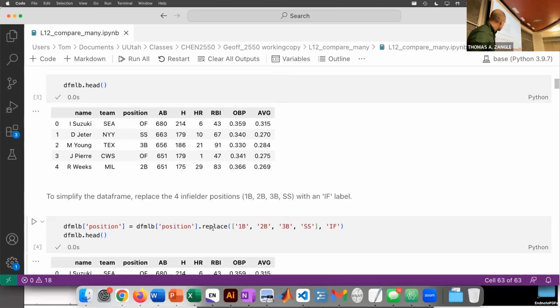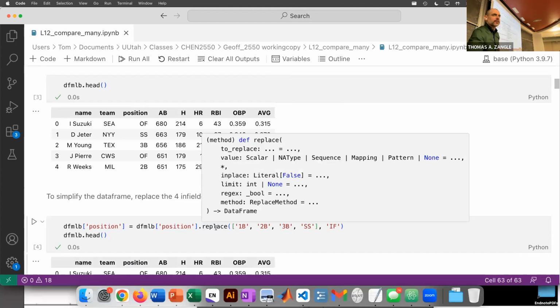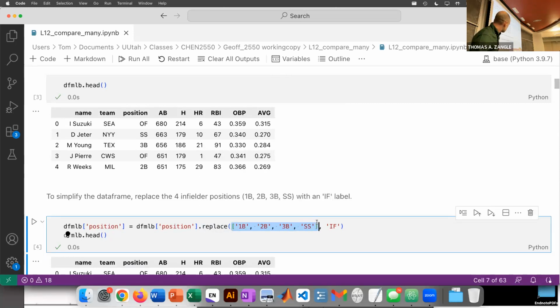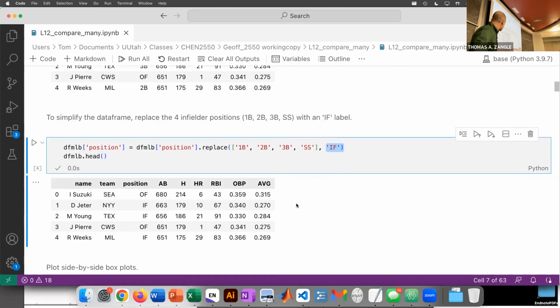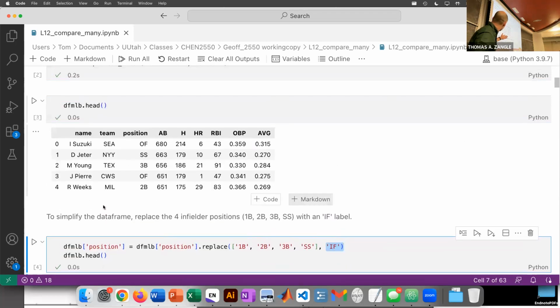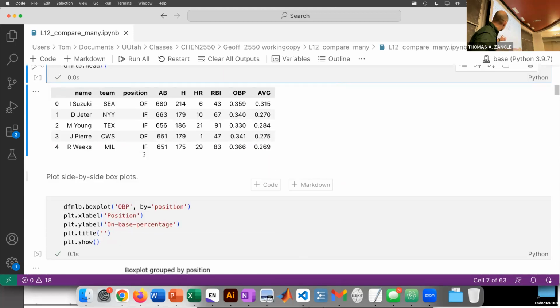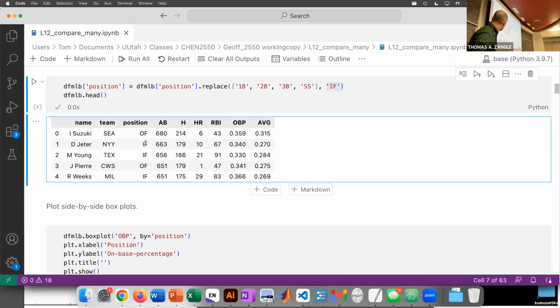And we can do that in data frames using this replace command. In this case, we're replacing anything that matches first, second, third base, or shortstop with the label IF. And so that now has changed. If you notice, Derek Jeter in there, instead of putting him as shortstop, we just label him as infielder.